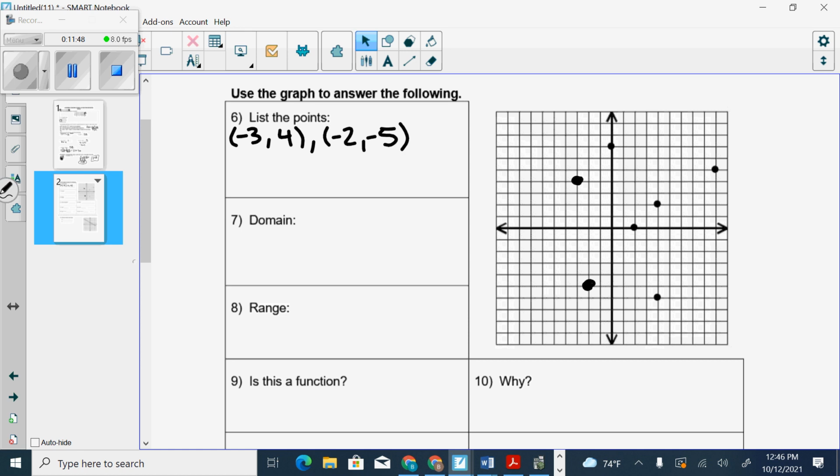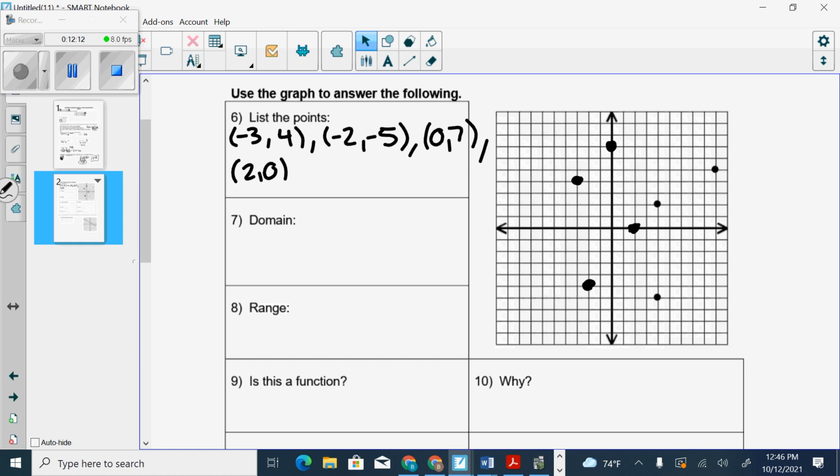All right. Then where is this point, right here? No, not 7, 0. 0, 7. Okay, where is this point right here? 2, 0, good.